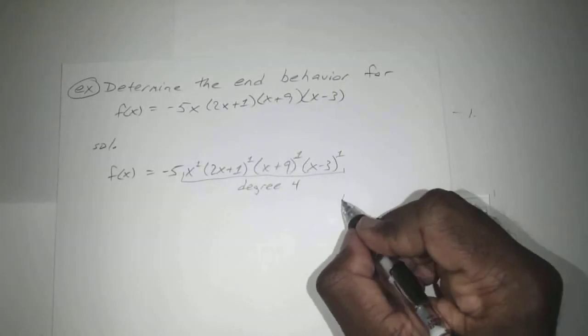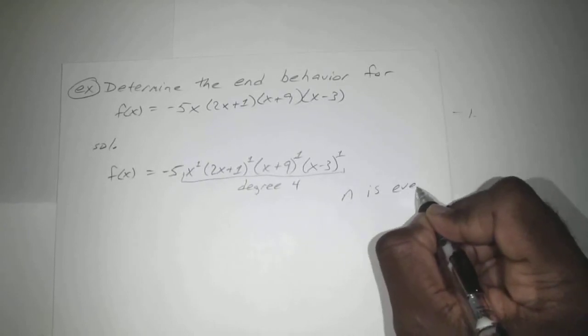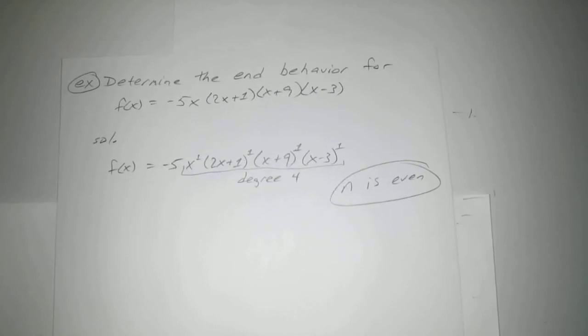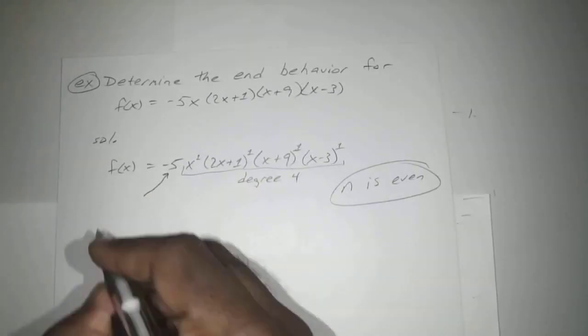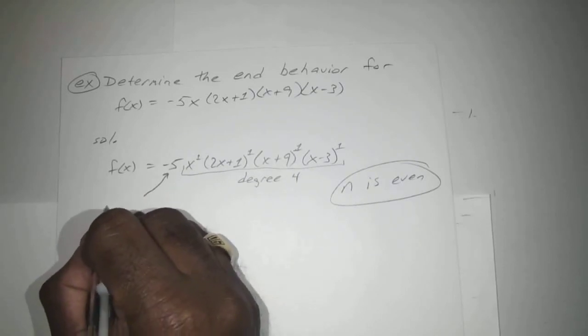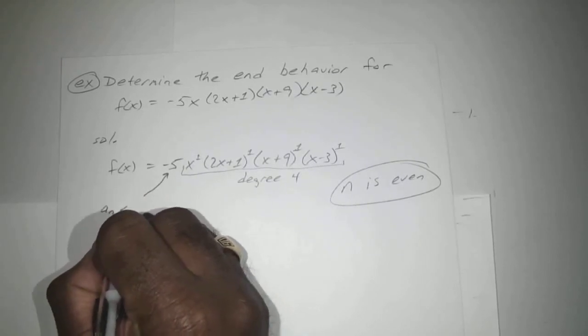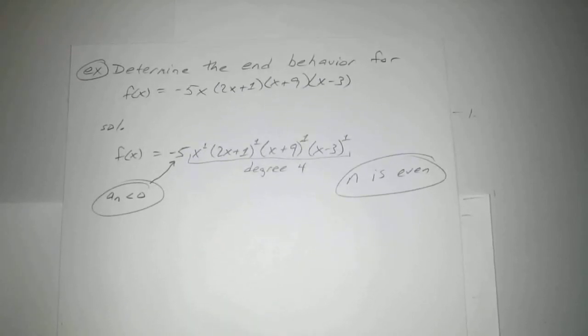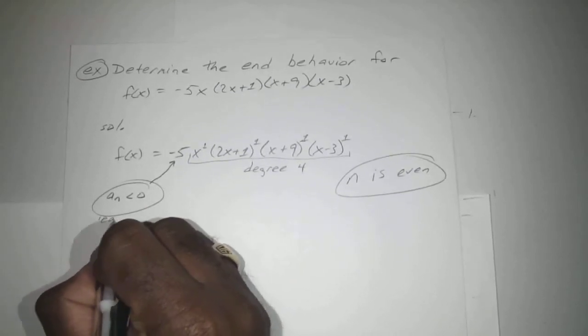Yep, so you know that n is even. And if we look at our lead coefficient, yep, it's negative. So our lead coefficient is less than 0. Okay, which is our lead coefficient.